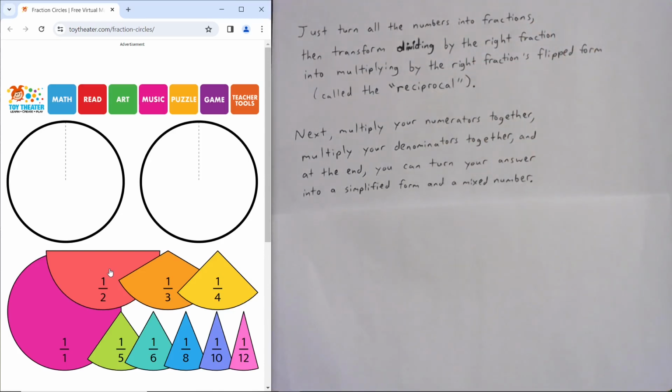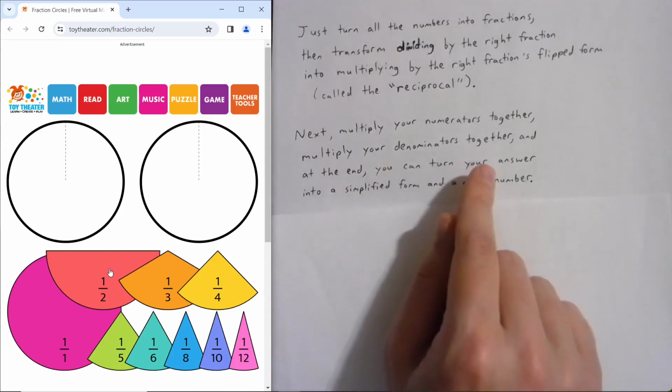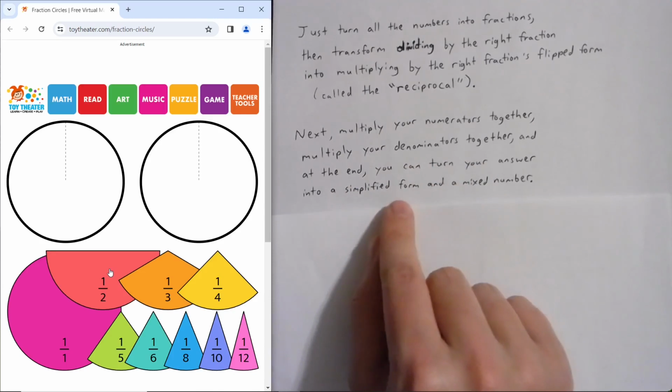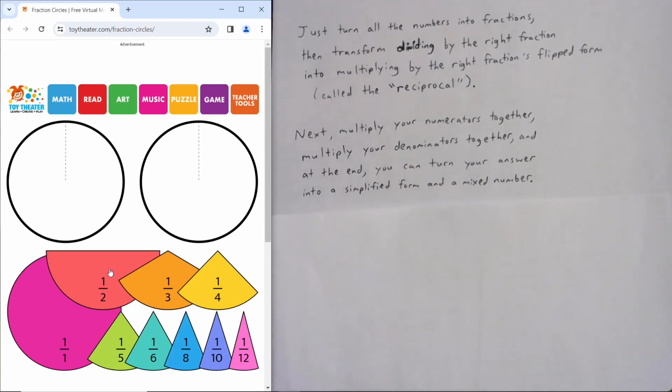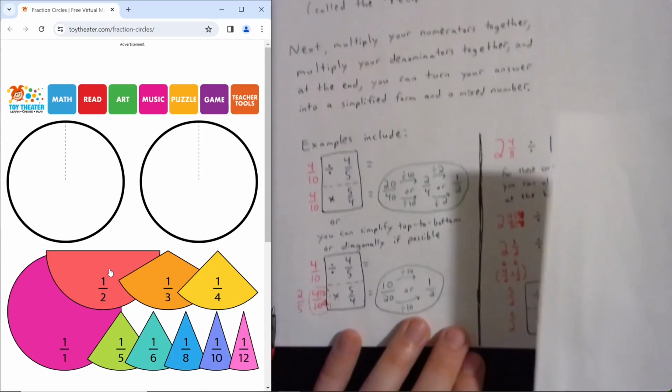Then, after you've turned it from a division into a multiplication problem, you'd multiply your numerators together, and then you multiply your denominators together, and then at the end you could turn your answer into a simplified form and a mixed number if possible. Just like with multiplication. Okay.